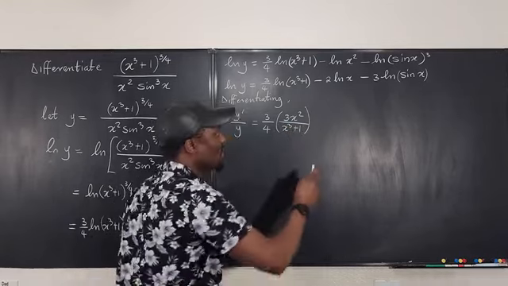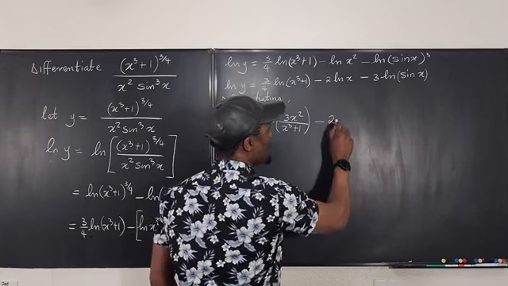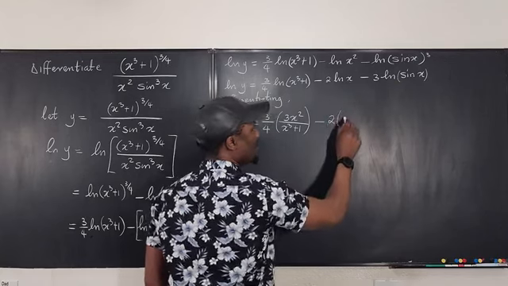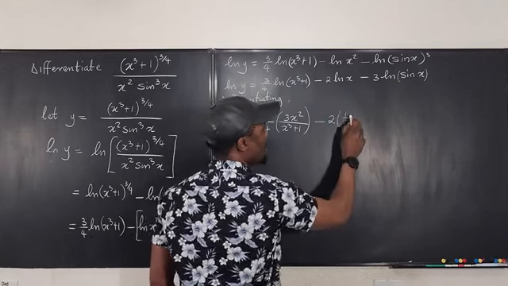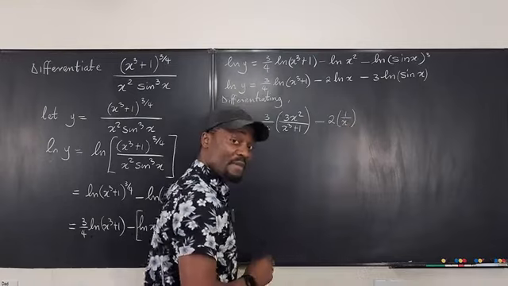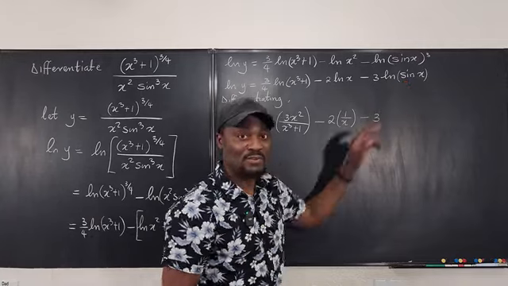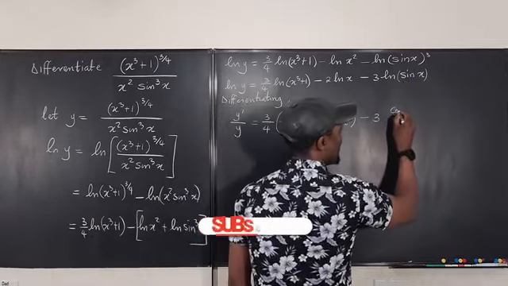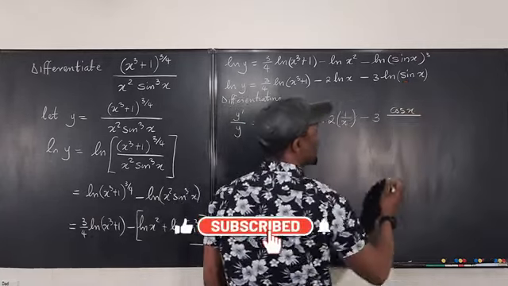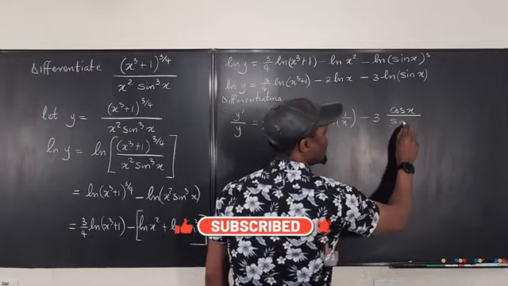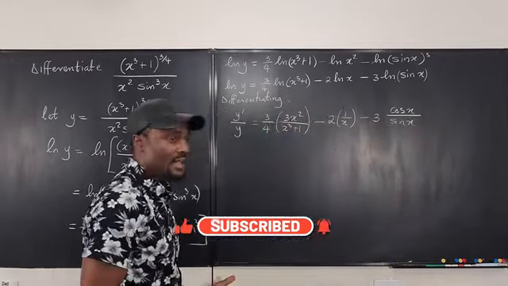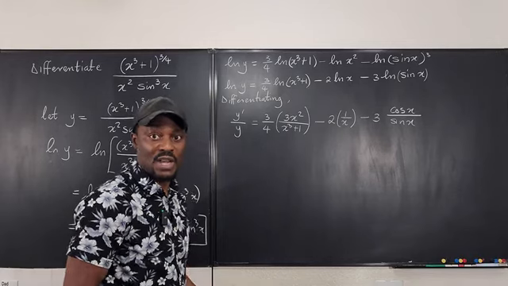I'm done. Go to the next one. I'm going to write 2. The derivative of the argument is 1 divided by the argument x. Go to the next one. 3. The derivative of the argument, cosine x, divided by the argument sine x. Okay, what's left is just to do cleanup.